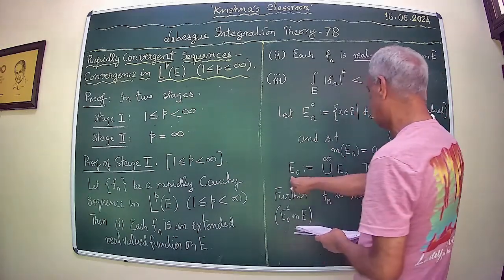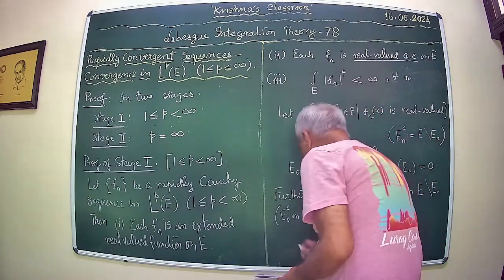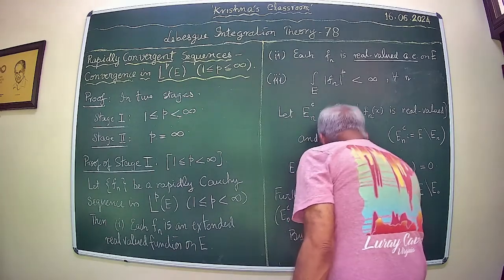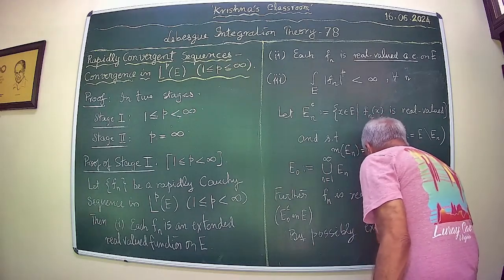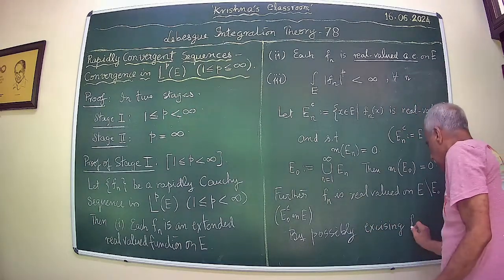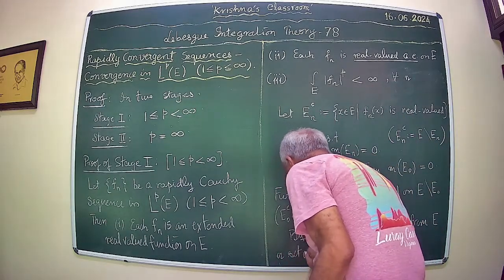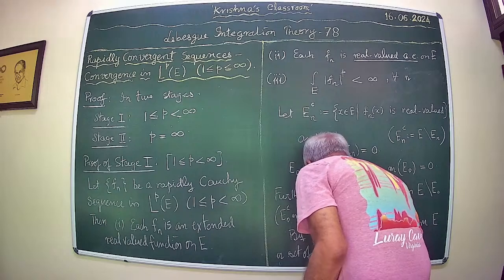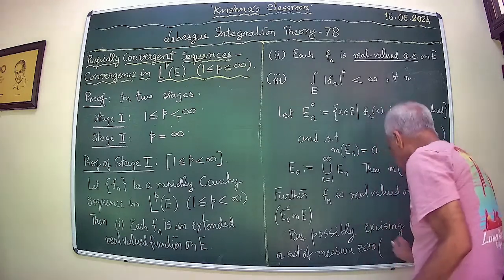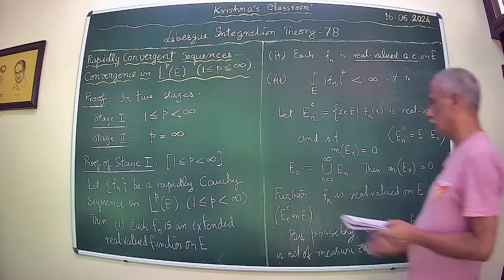We excise this particular E naught from E, possibly excising from E a set of measure 0, that is E naught. Define what it is. This is your E naught.